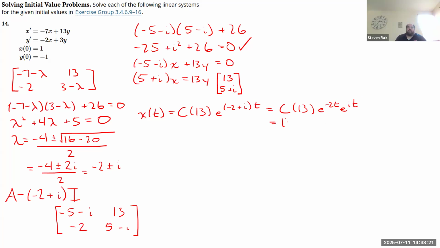Which is equal to 13 capital C e to the negative 2t times this quantity, cosine t plus i sine t.